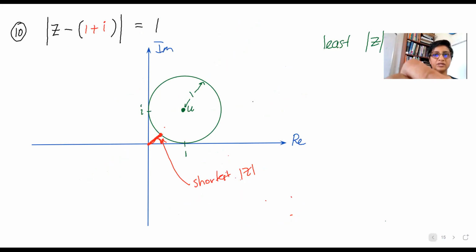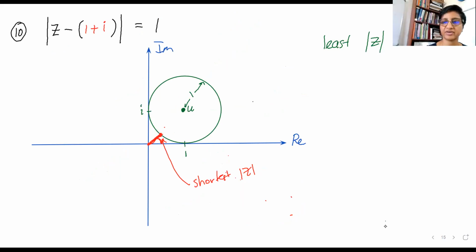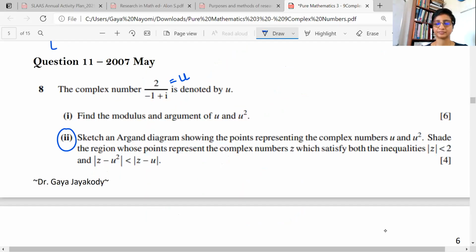So where were we? I forgot. Oh, you're finding the U. Did anyone find this U? -1 minus I. You need U squared also because you have U squared here.